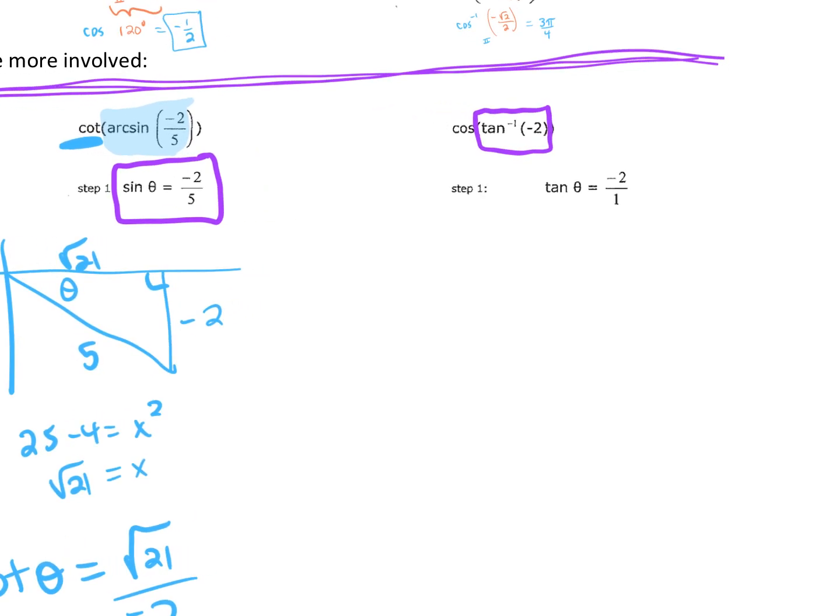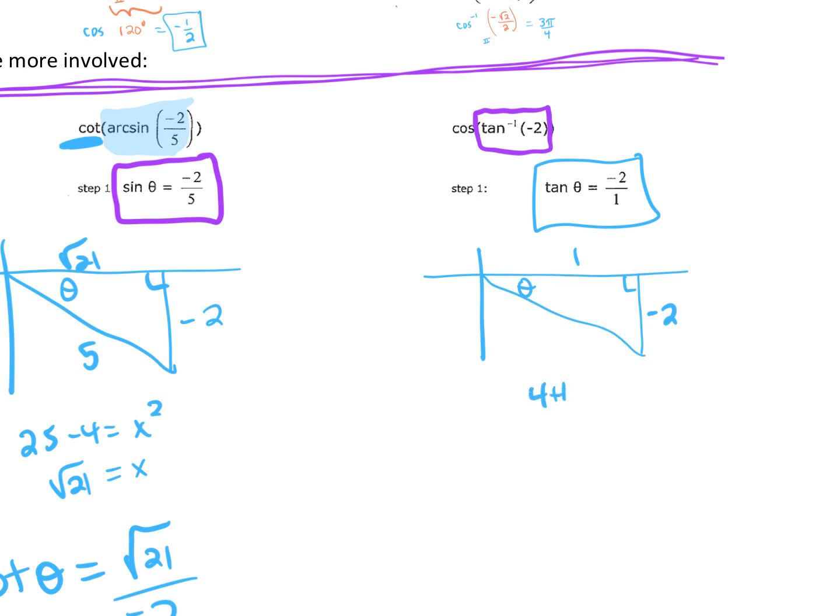Inverse tangent of something negative, actually that's in quadrant 4 also, isn't it? So let's draw our triangle again in quadrant 4. And tangent, this is kind of the ratio you want to think about there. So that means that the tangent of theta is negative 2 over 1. And so then we need to figure out what the other side is for that triangle. So we get 4 plus 1 is c squared.